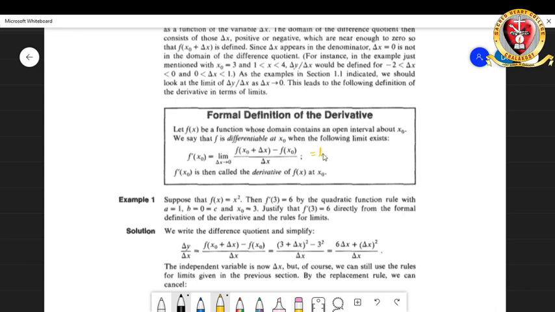So this is nothing but the limit as delta x tends to 0 of delta y by delta x, the same thing. As we said, suppose we have a function.